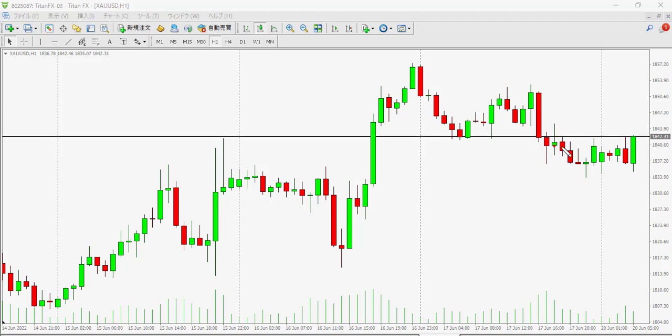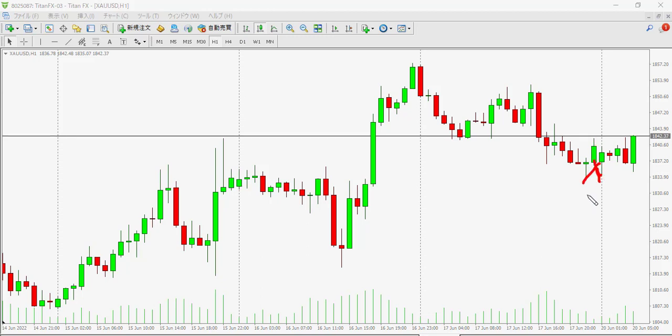In the harami outside close, but the lower shadow is lowering, so no trade here. This candlestick's lower shadow is higher than the previous candlestick's lower shadow, and it closes above, so you can buy here, but it's the end of the American session, so I recommend do not trade. If you buy here and put the stop loss here, and it opens here, a gap happens and you stop out.